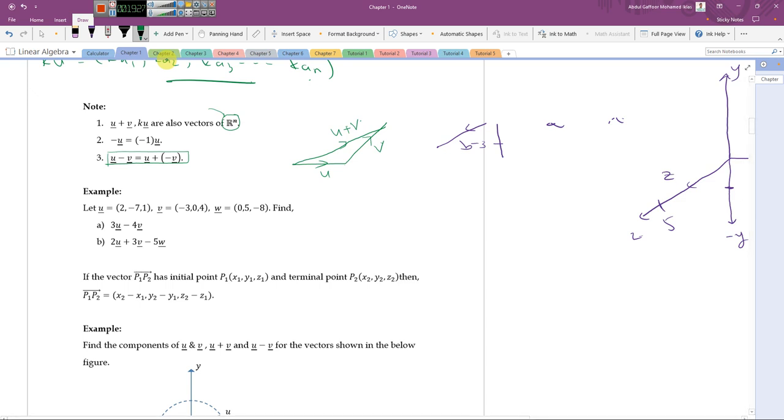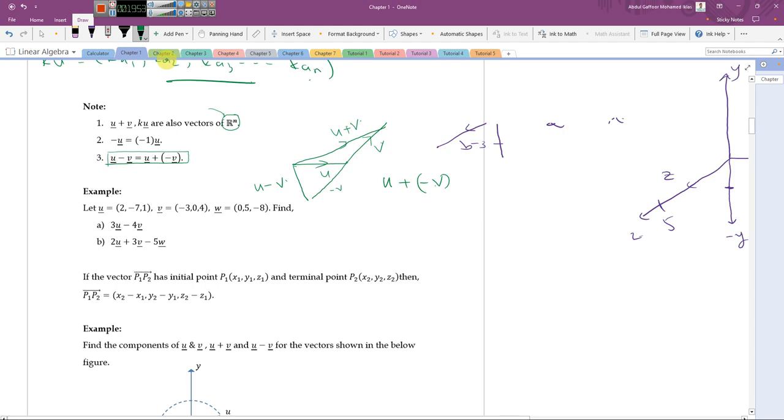We just extend this line in the opposite direction, but with the same length. So this is negative v. So u minus v means u plus negative v, right? We join the starting point of u and the ending point of negative v. So this will be u minus v. Okay, right.